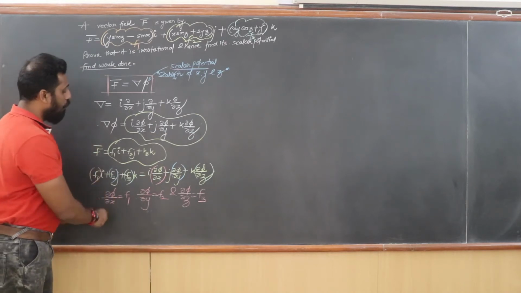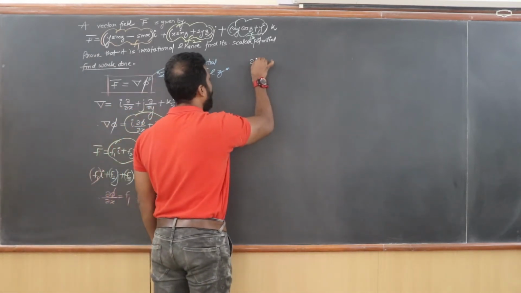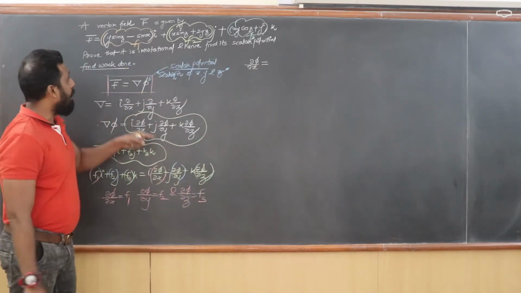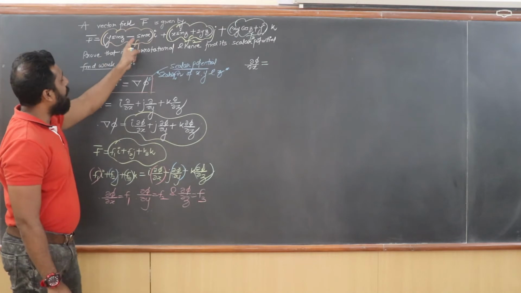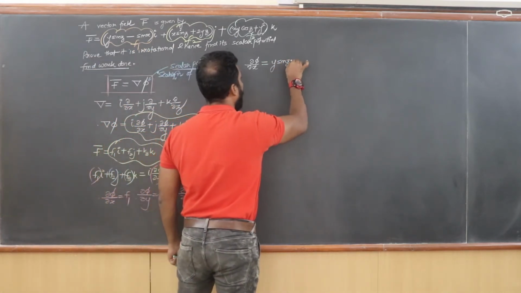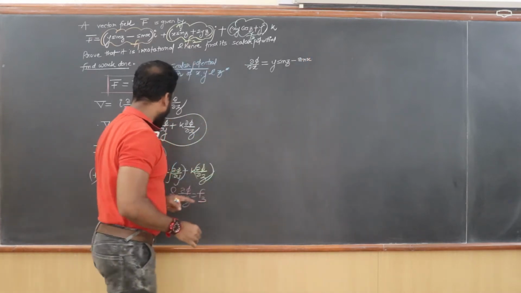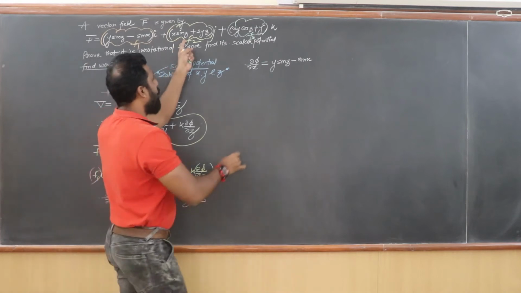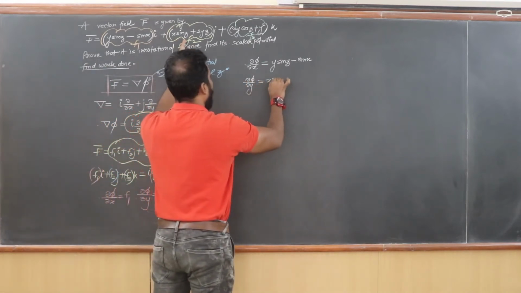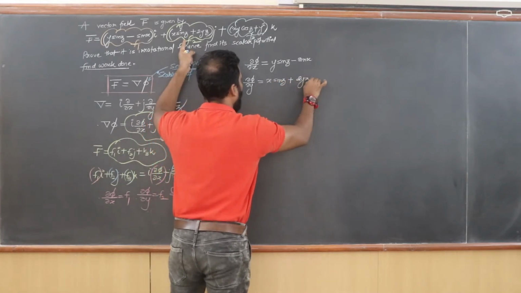I already have the values of f1, f2 and f3. Let's put up the values. So ∂phi/∂x is equal to, so what's f1 in our case? It is y sin z minus sin x. Then ∂phi/∂y, I'm going to write that also. ∂phi/∂y is equal to x sin z plus 2yz.